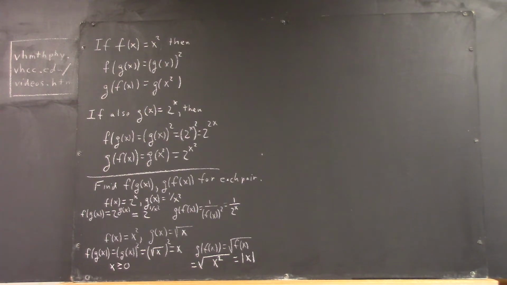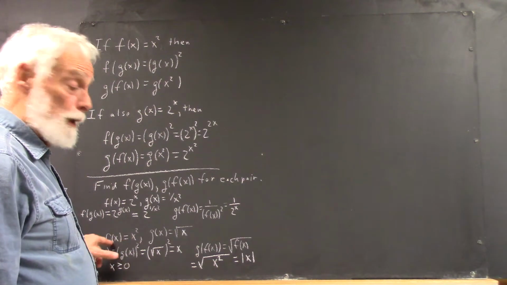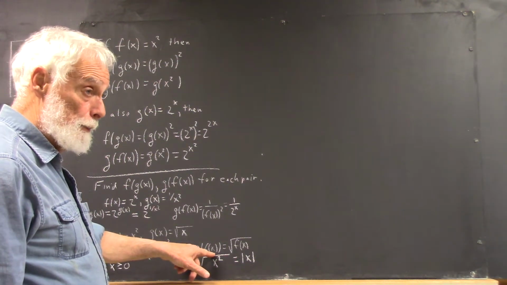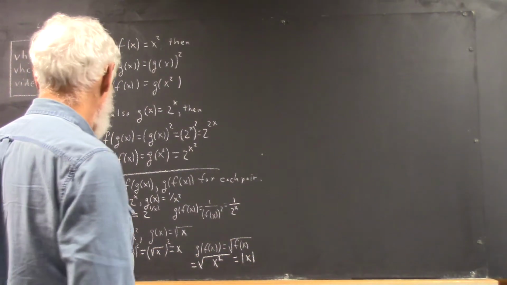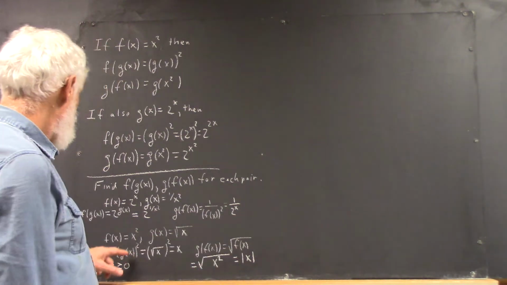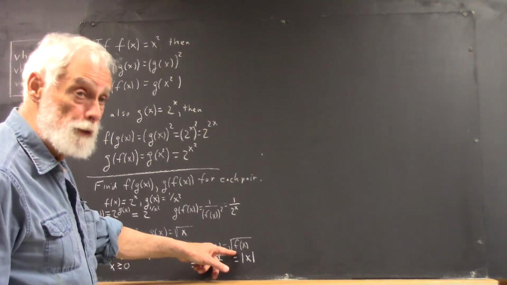Now why is this? Well, any number can go into f of x, so your f of x can operate on any number at all, any number x at all, positive or negative. Then you're going to take the square root of that. Now, when you square a number, you're not going to get a negative, so you can always take the square root.